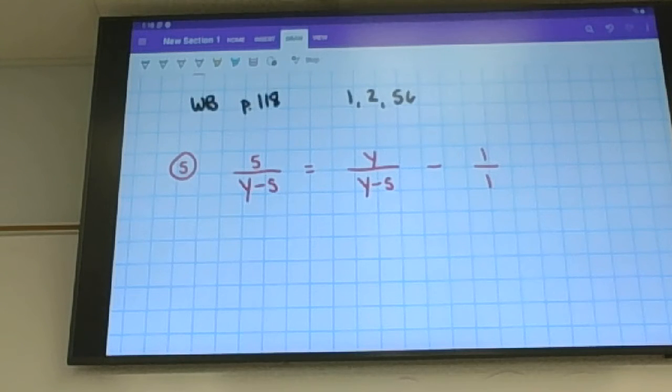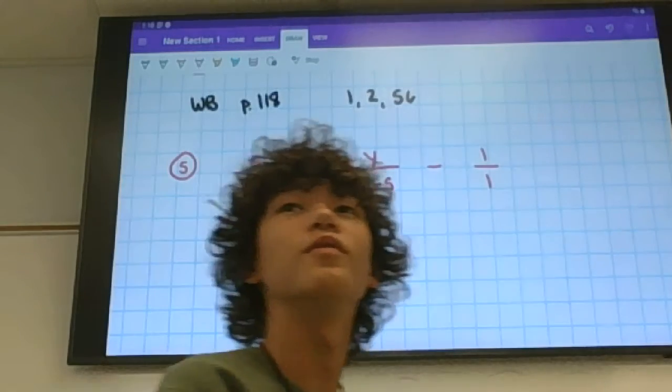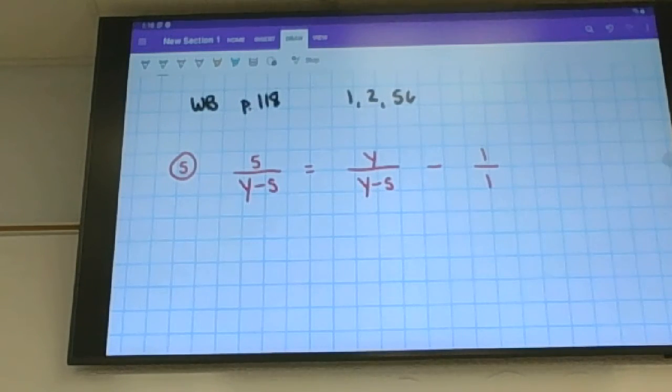Max, what do you think the LCD will be here in our homework problem? -5. Y -5. Max, is that the right page? Oh, shoot.